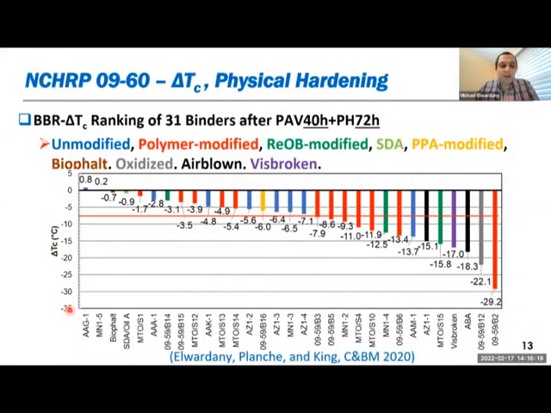And you can see now we reach values that maybe you haven't seen before, around minus 30 delta TC for some binders. But that's after extensive aging and extensive physical hardening conditioning. So that's really the worst case scenario, trying to see whether we can identify the same problematic binders like vis-broken, air-blown, or oxidized asphalt or waxy binders.